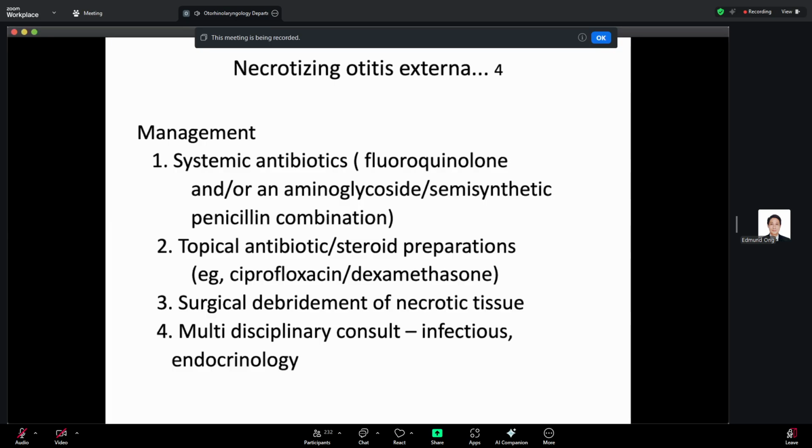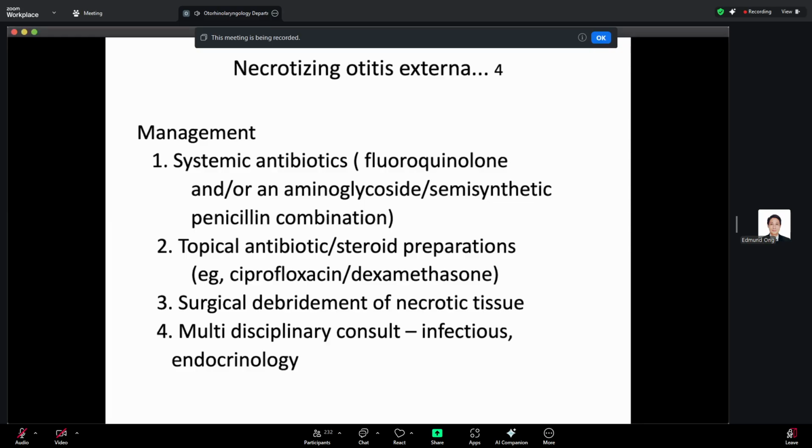Management is geared towards Pseudomonas or methicillin-resistant Staph aureus. So you can give your aminoglycoside, your fluoroquinolone, or your semi-synthetic penicillin combination. Of course, if the ear canal is patent, once you have removed the granulation or any debris there, you can also add topical antibiotics or otic drops, like a combination of ciprofloxacin and dexamethasone.